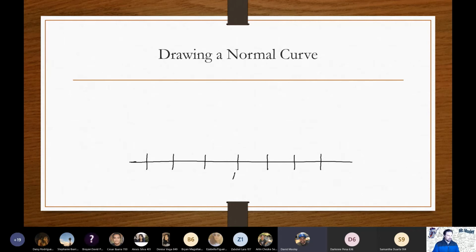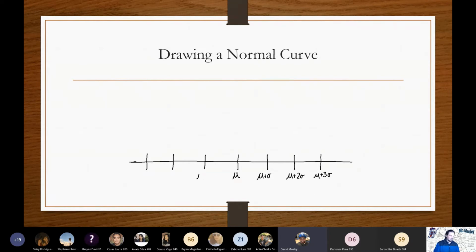All right, so the middle is where mu will be. To the right, we have mu plus sigma, mu plus 2 sigma, mu plus 3 sigma.